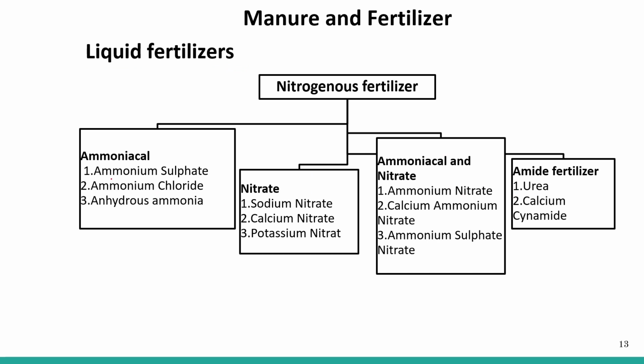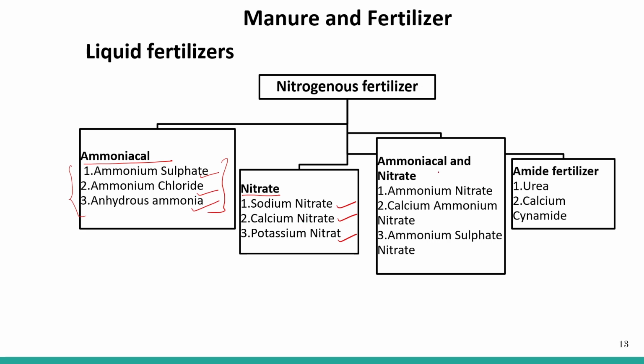Liquid fertilizer, ammonical: examples are ammonium sulfate, ammonium chloride, and anhydrous ammonia. So these are some of the ammonical based fertilizers. Nitrate: sodium nitrate, calcium nitrate, potassium nitrate, right? So these are the different nitrate based fertilizers.